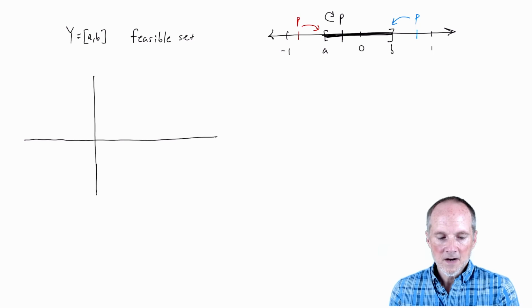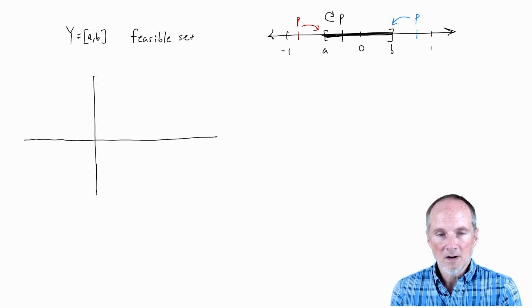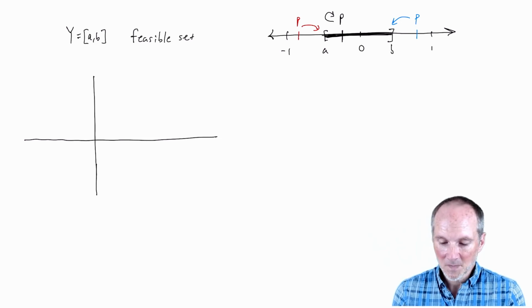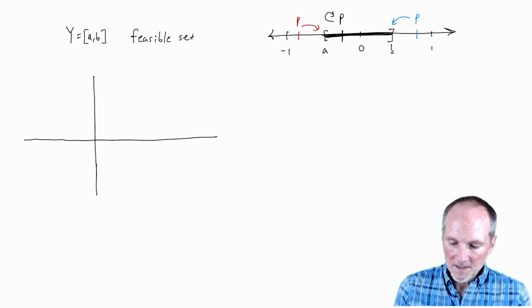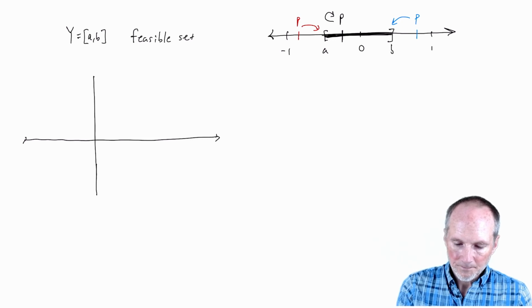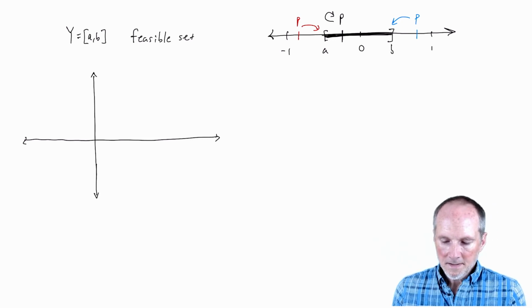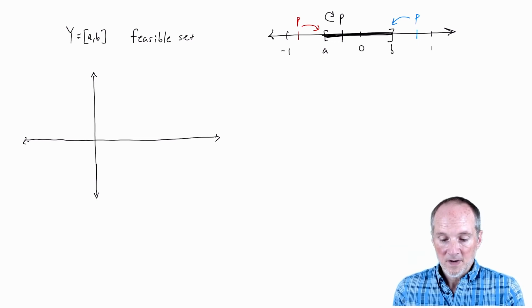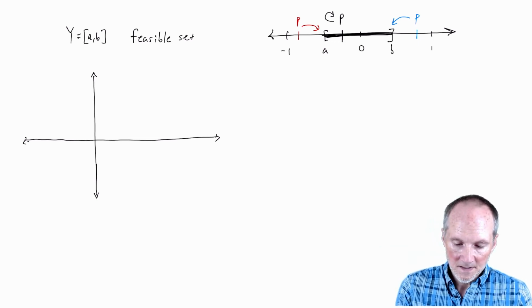What I'm going to do now is graph the optimal policy choice as a function of the ideal point of the politician. Okay, so this is the Cartesian plane, and each dimension is going to represent policies. Let me put in our interval -1 to 1.